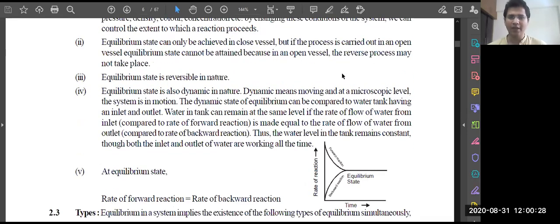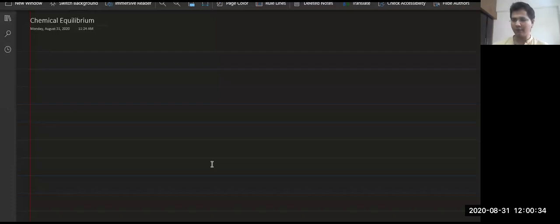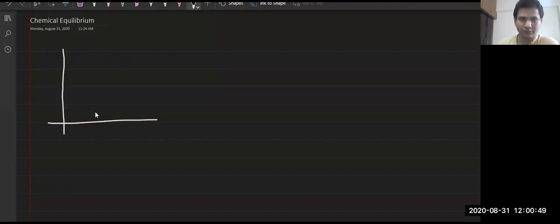Now we will observe the graphs. We will see the different types of graph for equilibrium. Now see this.